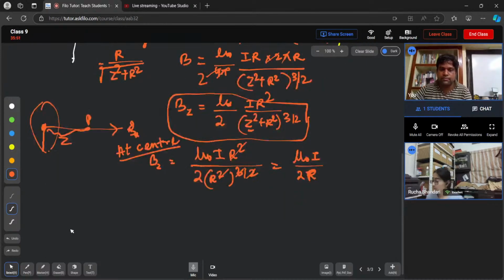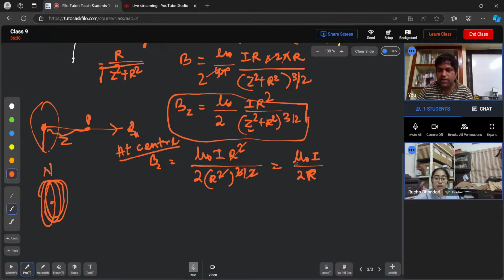Now, this is a loop for one turn. If the loop has, let's say, n number of turns, what is the magnetic field at the center?